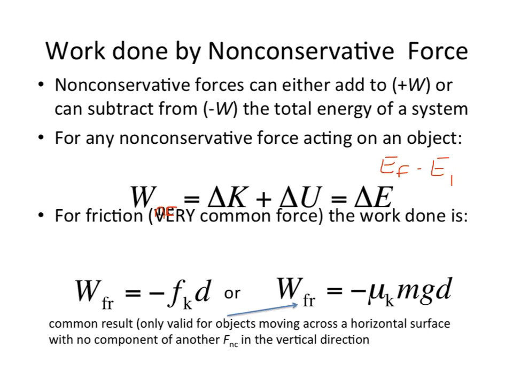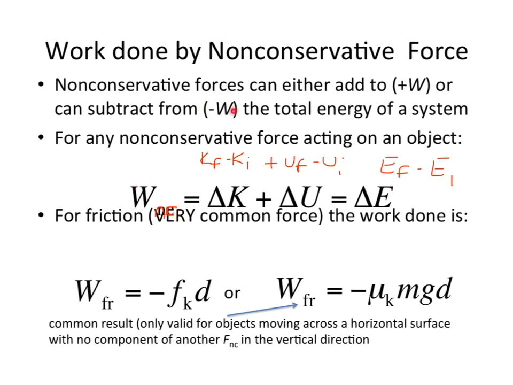And the energy at any one point in the system is kinetic final minus kinetic initial, which we talked about in the last section, and the potential final minus potential initial. So if there's any difference between the total kinetic energy and the total potential energy, it's because some sort of work was done on the system.